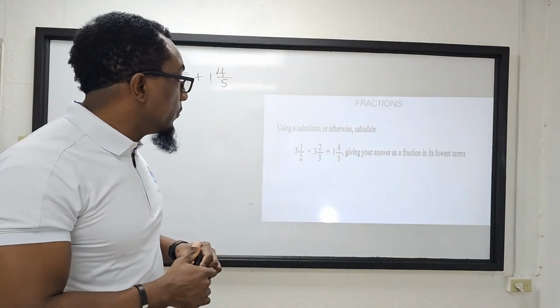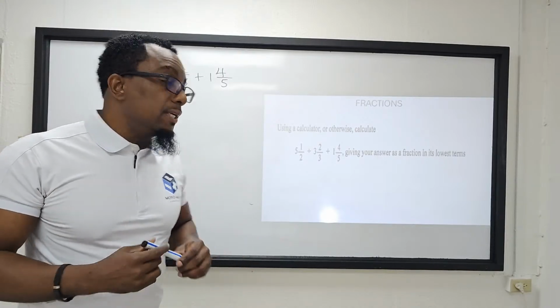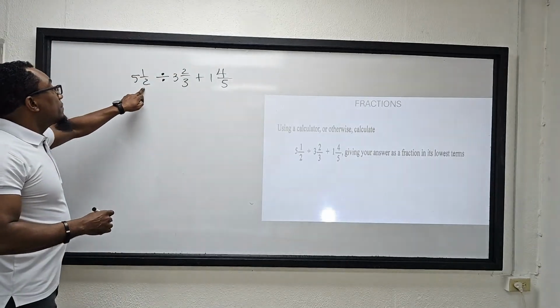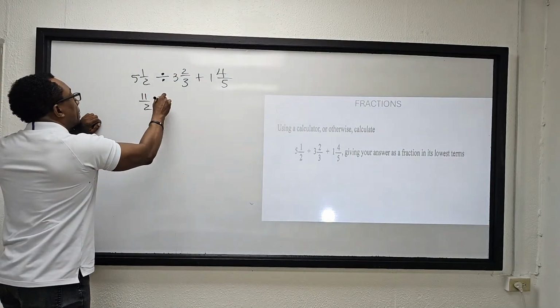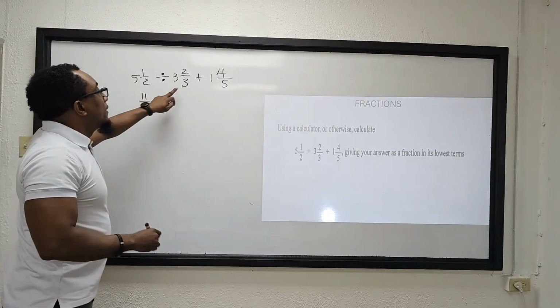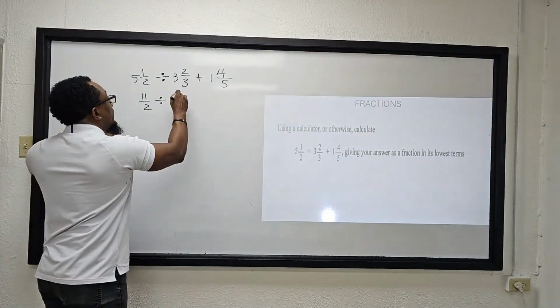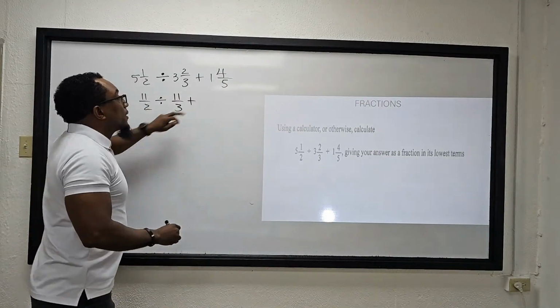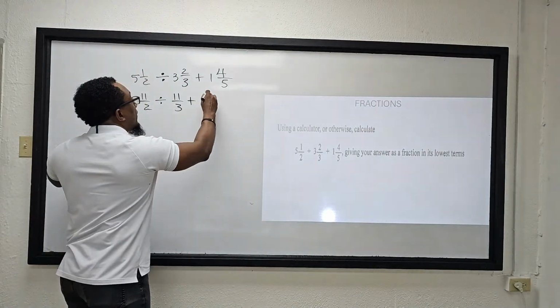The first thing we do is convert all mixed numbers to improper fractions. So this will be 2 by 5 is 10 plus 1 will give me 11 all over 2, divided by 3 by 3 is 9 plus 2 will give me 11 all over 3, plus 5 by 1 is 5 plus 4 will give me 9 all over 5.